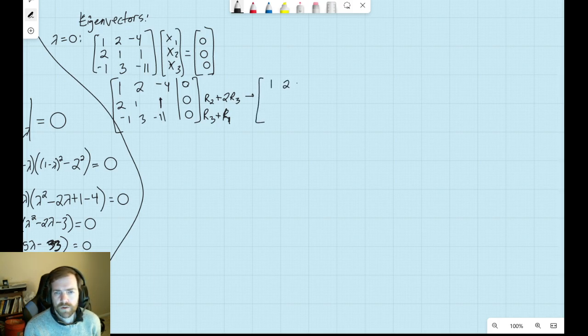So 1, 2, negative 4, augment 0. Okay, so row 2 plus twice row 3 is going to be 0, 6 plus 1 is 7, negative 22 plus 1 is a negative 21. And then at the bottom, row 3 plus row 1 is going to be a 0, a 5, and negative 4 and negative 11 is going to be a negative 15.